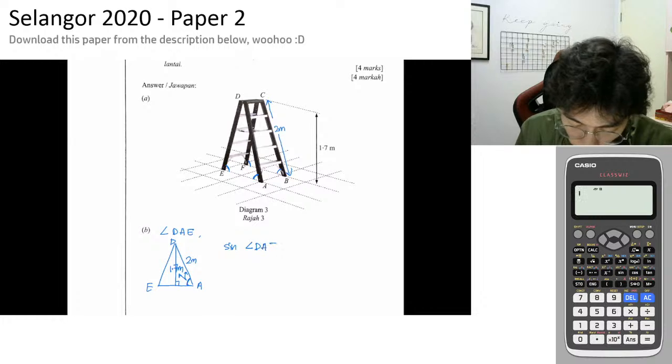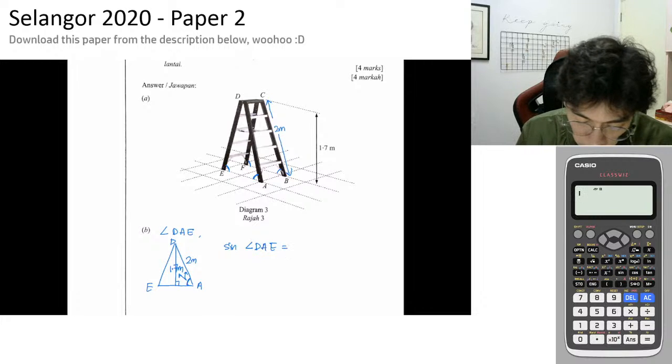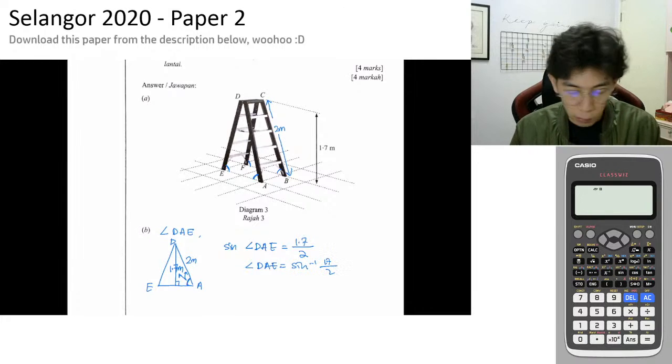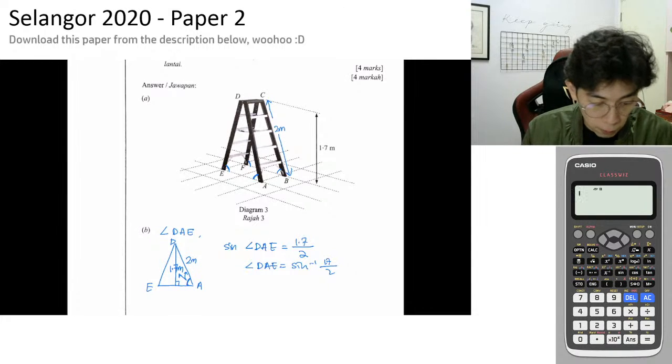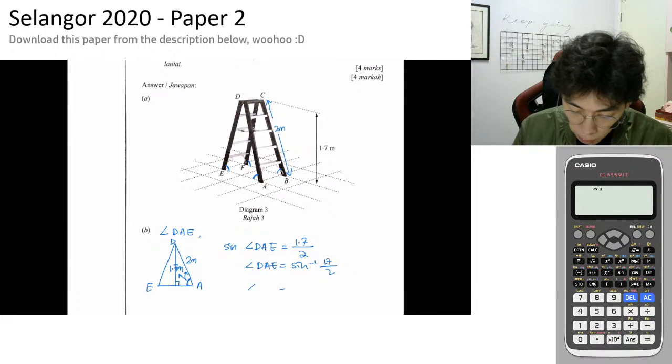Angle DAE equals, because they asked you to state already, equals 1.7 over 2. Then you just put the relevant calculations there. So you press shift sine 1.7 over 2. Ding. Your answer is, let me check whether my answer is correct or not.